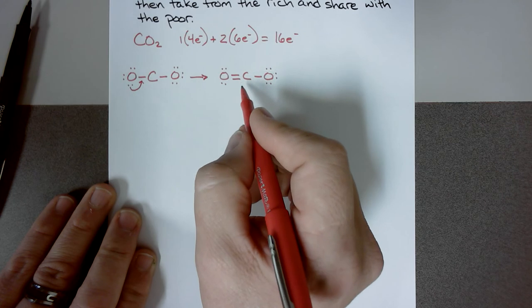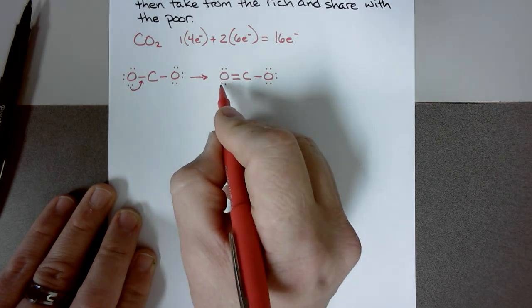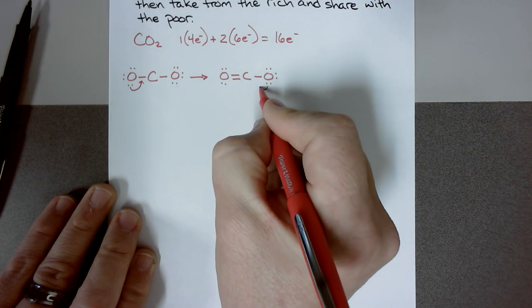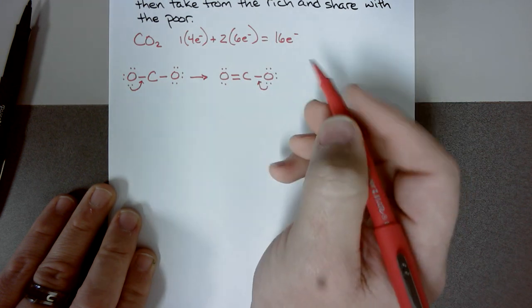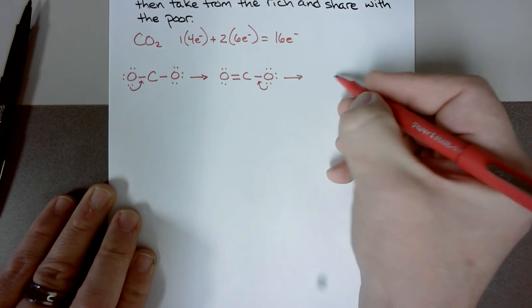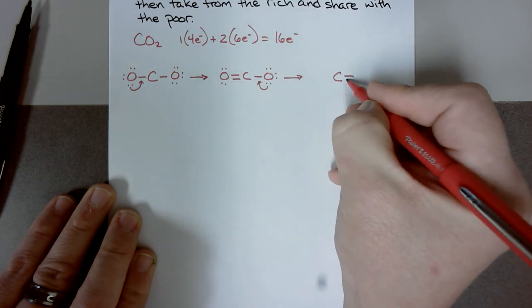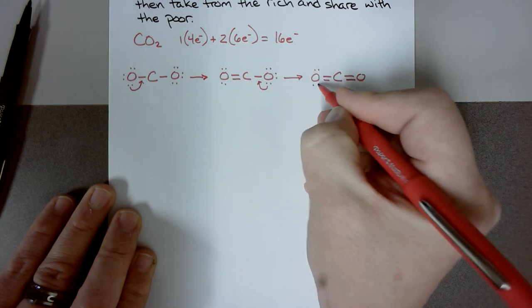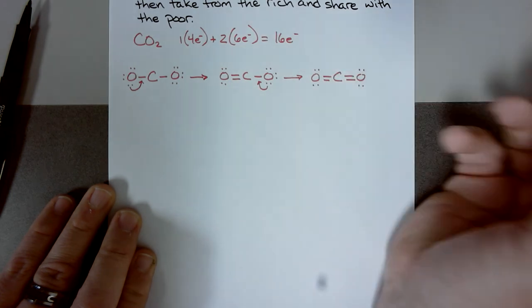So I'm going to take from the rich. Now this oxygen is not as rich as this oxygen with electrons. So I'm going to take from the rich and share with the poor. And so my structure that I get is going to be a carbon, double bond oxygen, set up like this.